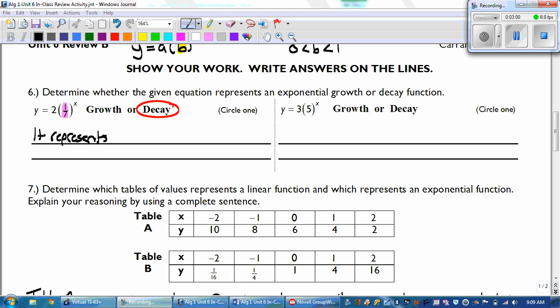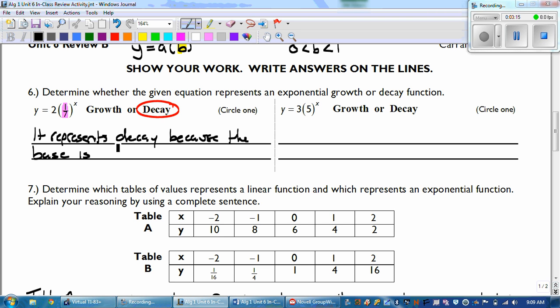Okay, so it represents decay because the base, that's the thing that we highlighted, it's between 0 and 1. And that's it.